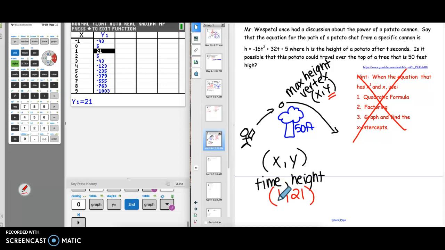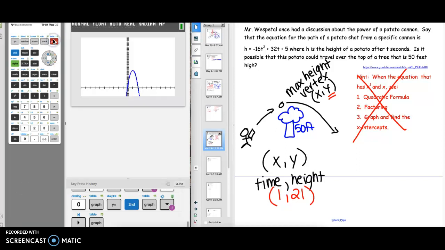And one way to do it is to look at the table, see how there's symmetry on either side, like 5 and 5. The middle value is 121. That means that's the maximum or the vertex. We can look on the graph too, and if we were to just trace that, we don't have to actually calculate it. We can see that it doesn't get past that 50 feet. So we're gonna crash.